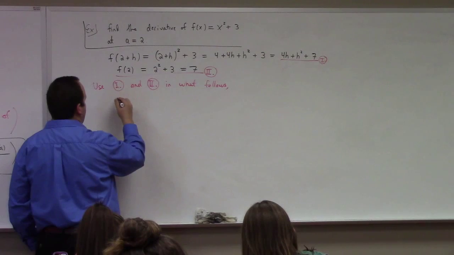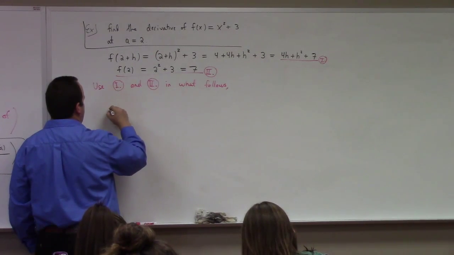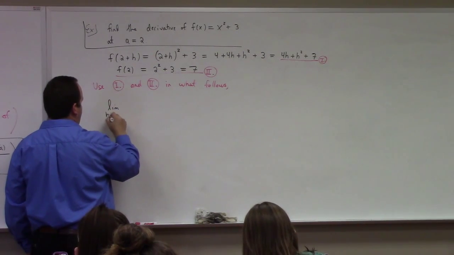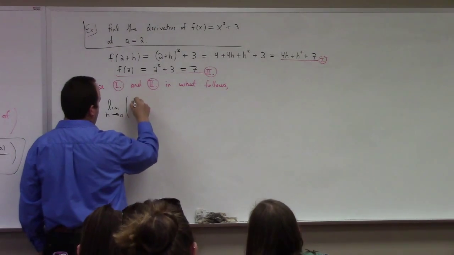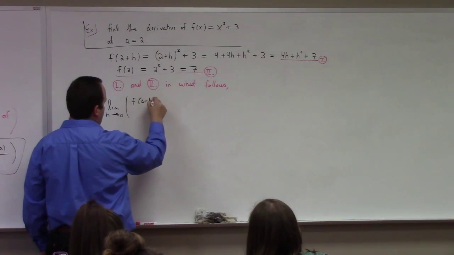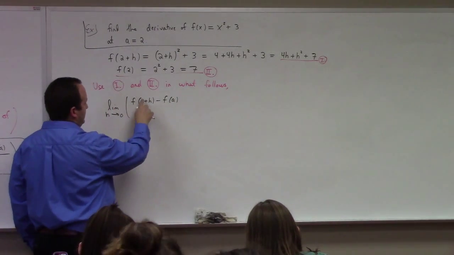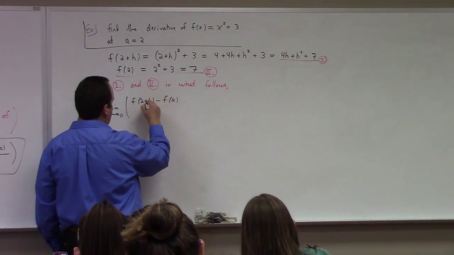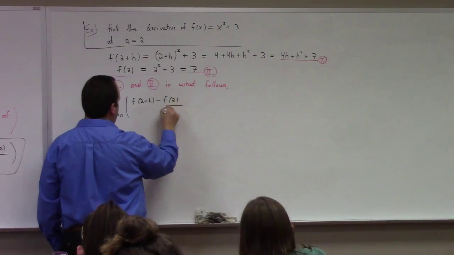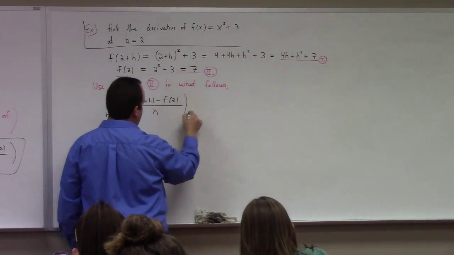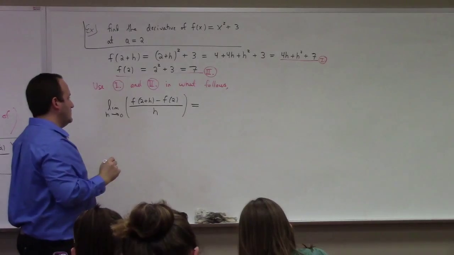So what happens here? I'm going to look at the limit as h goes to 0 of f of a plus h minus f of a. Oh, let me be more specific. What's a equal to? 2. All right, so f of 2 plus h minus f of 2, divided by h, right? So let me write it out.